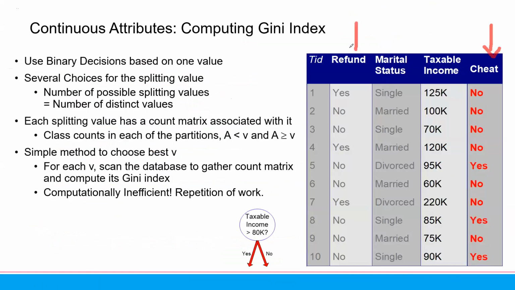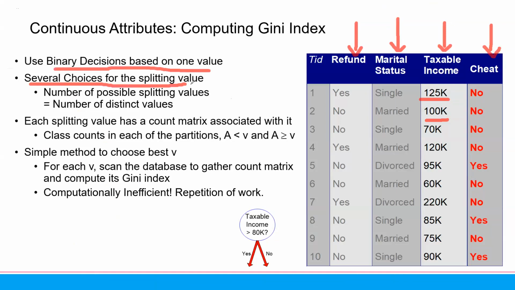And there is another attribute refund, and there's another attribute marital status, and there's another attribute taxable income. 125K means 125,000. 100K means 100,000. So this is continuous value. How we can split this one? So we need to use the binary decision based on one value.